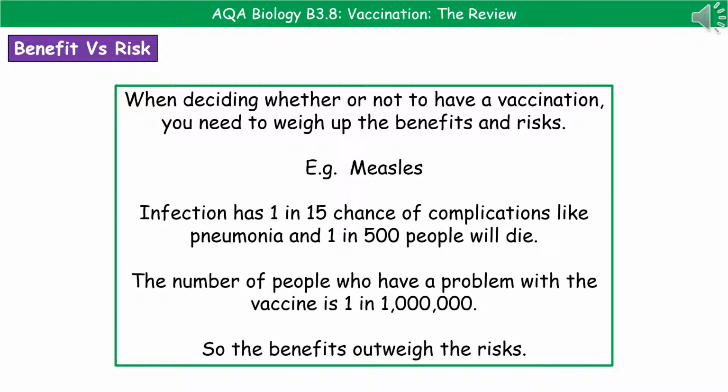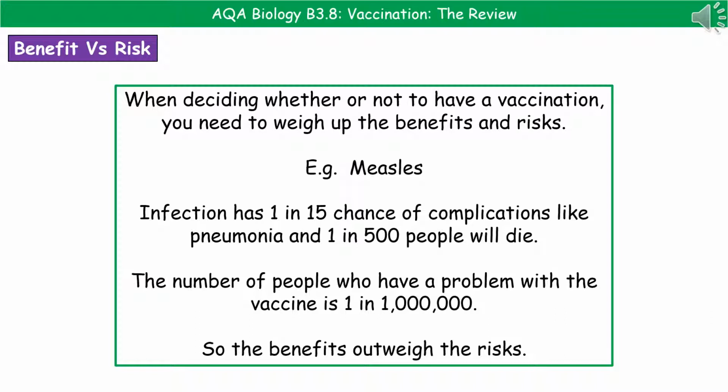So you might get something like pneumonia, for example. And 1 in 500 people who become infected with measles will actually die. So while this is a common infection that a lot of people think is not much, actually it kills quite a large number of the people it infects.